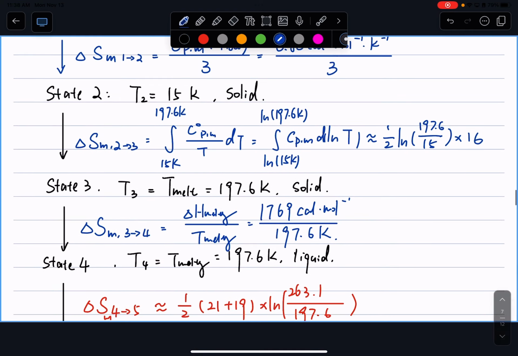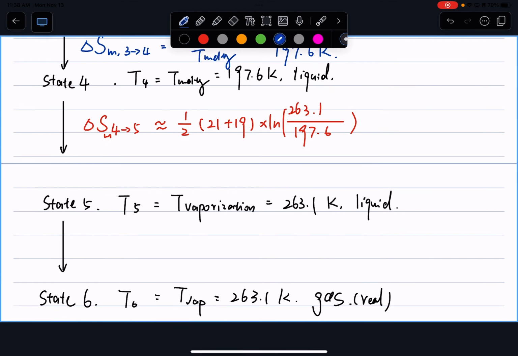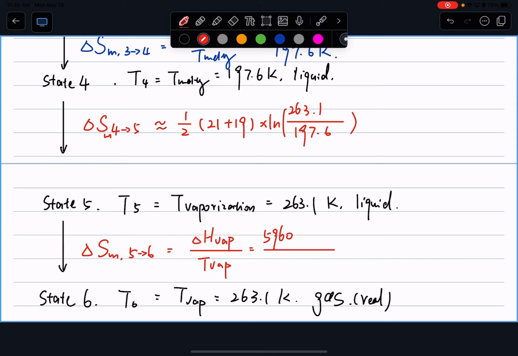For this process, we have the same kind of equation to use, which is delta H vaporization over vaporization temperature. And you have numbers to plug in. All right.